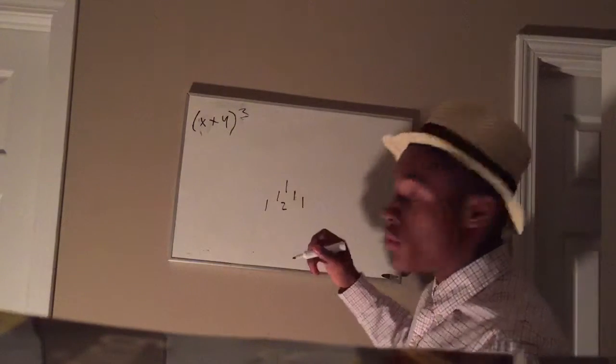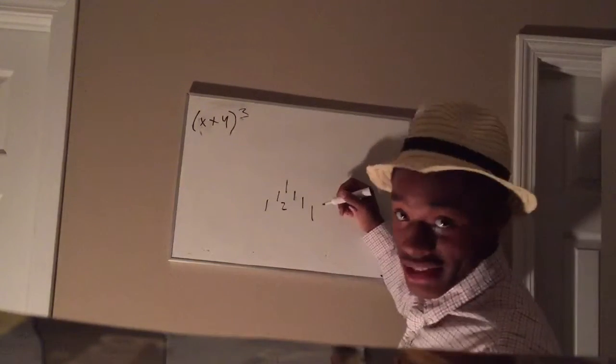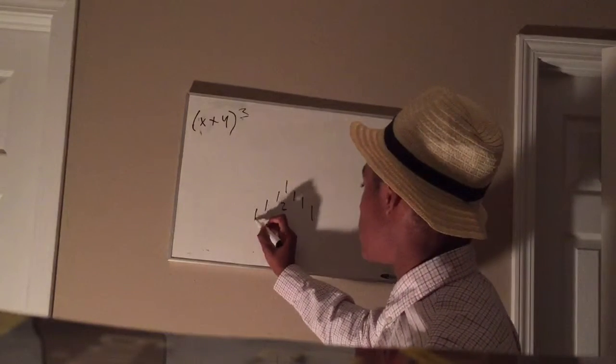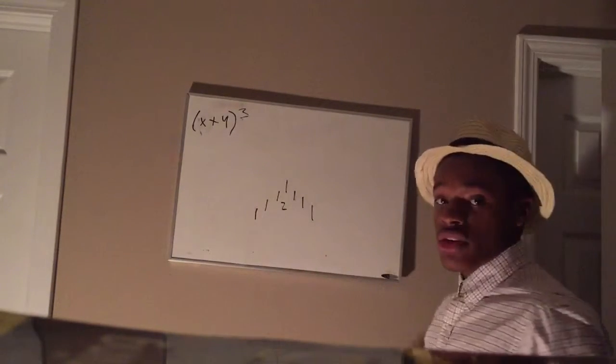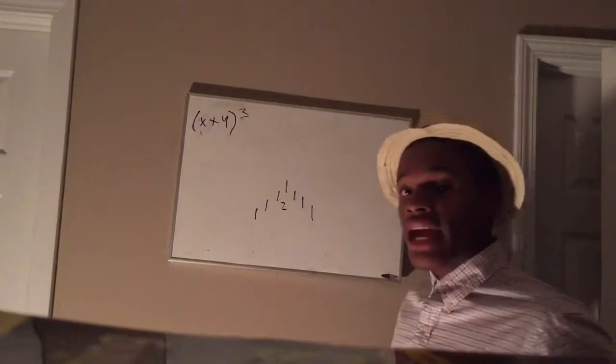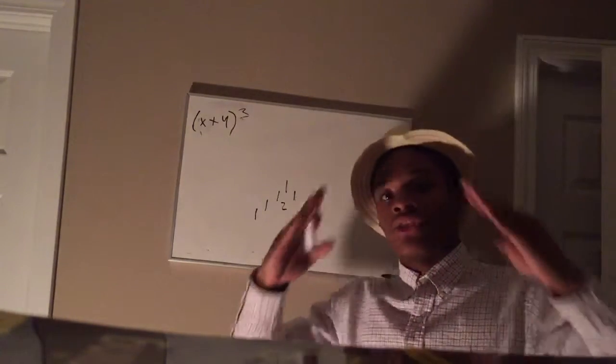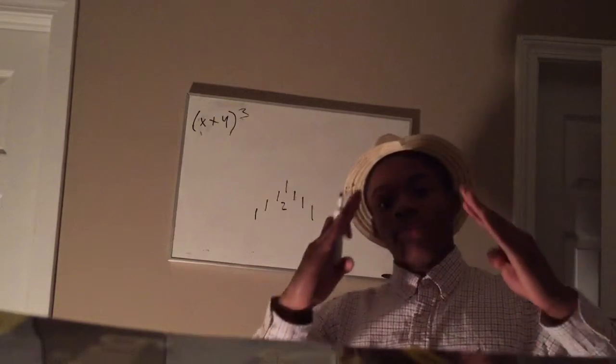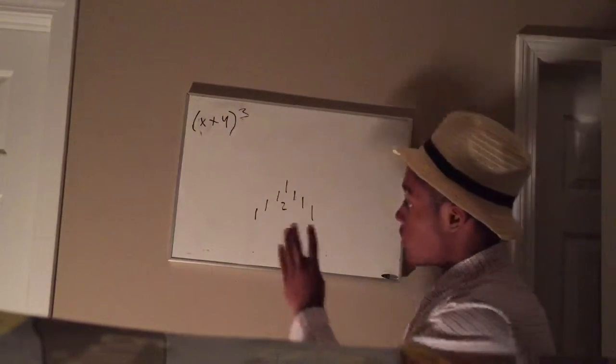The next thing you're going to do is add 2 more 1s to the outside of the triangle. If I haven't said it already, the 1s will always be on the outside. There would never ever be anything on the outside of the triangle but 1s, all right? So that's always going to be on the outside.